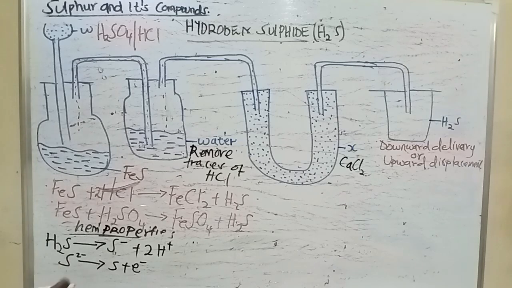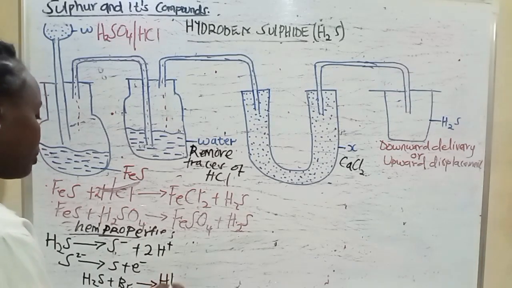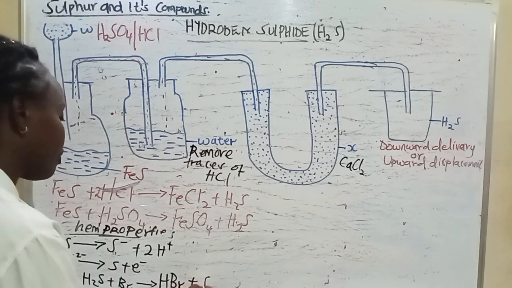Hydrogen sulfide also reduces bromine gas to form hydrogen bromide and sulfur.